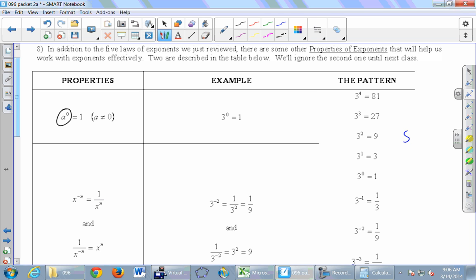I know that 5 cubed means I have 3 of these guys, right? And 5 to the 1st means I just have a single one of them, right? But if it's 5 to the 0, it means I don't have any of them. And if I don't have anything, then 0 seems like a perfectly reasonable answer. But it turns out 1 is actually the right thing to do.